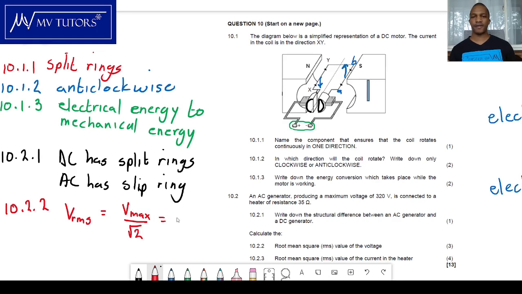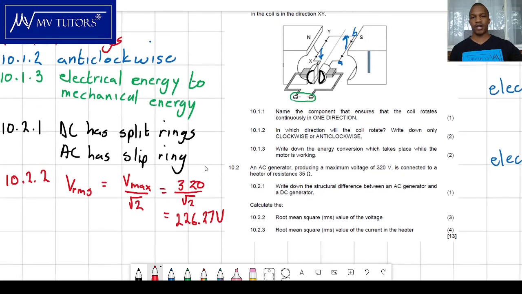Our Vmax, we've been given maximum voltage is 320 divided by square root of 2. Now, if I put this in a calculator, I'm going to get a value of 226.27 volts. You can go ahead and try it with your calculator and see if you get the same answer.